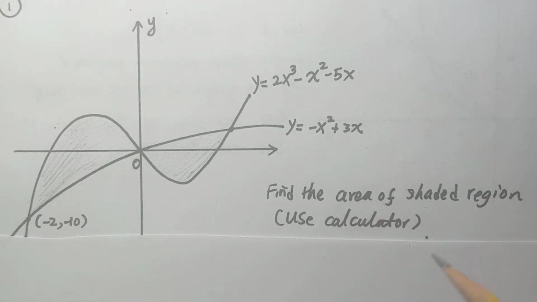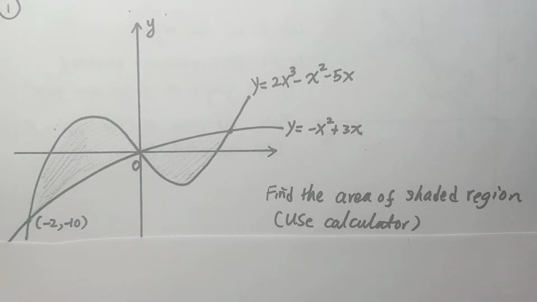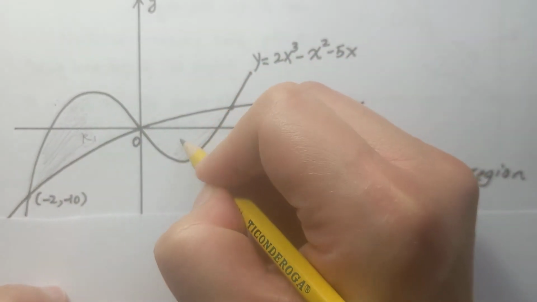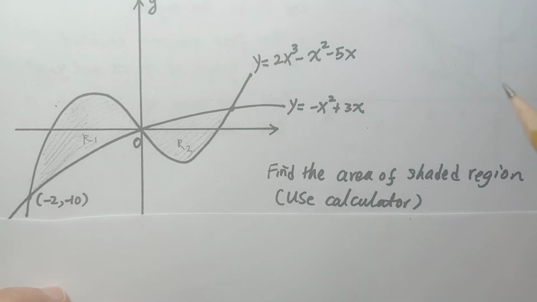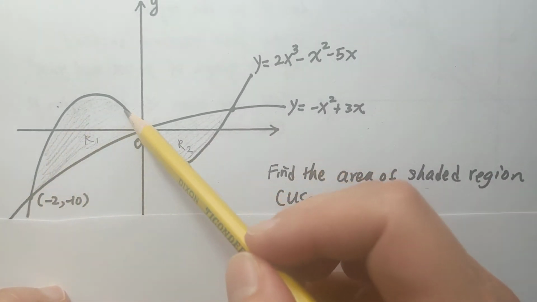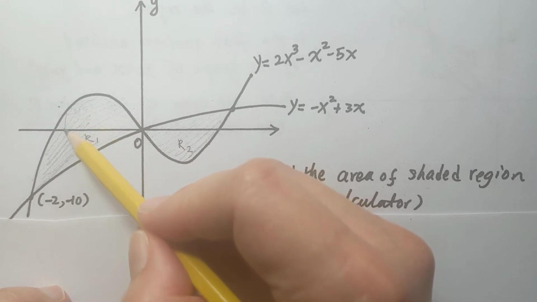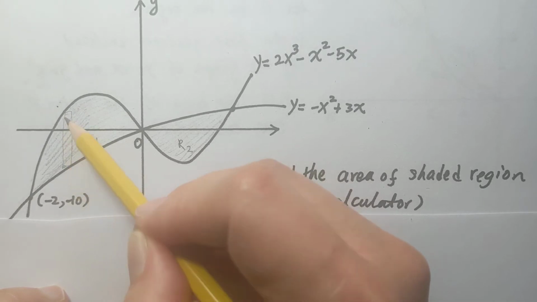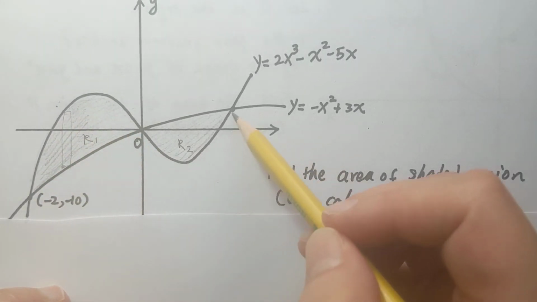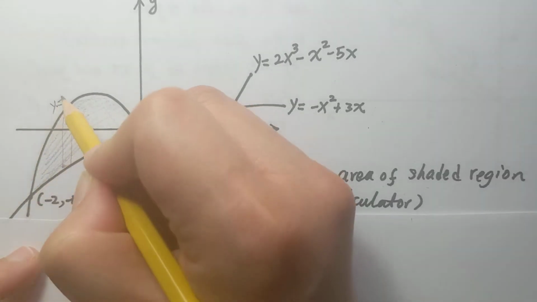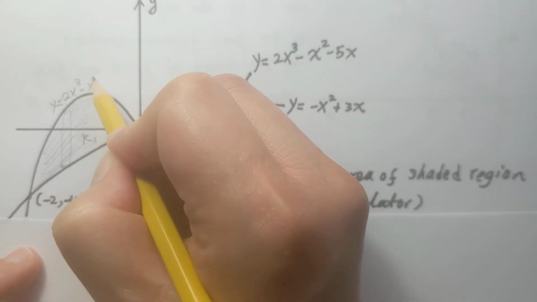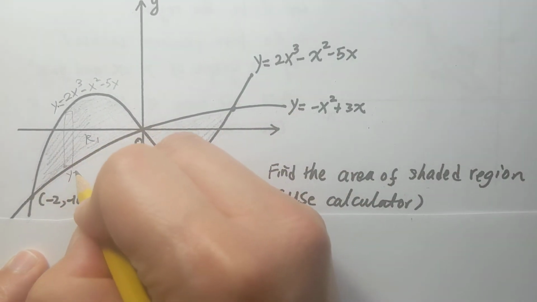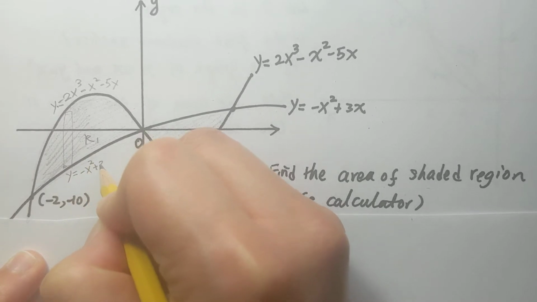Use calculator. Now, because these two curves enclose two parts, I am going to call this R1 and this is R2. If you look at R1 over here, imagine that you are going to draw a rectangle. You will find out that it is bounded by the top function, which is y equal to 2x cubed minus x squared minus 5x, and then the bottom function is going to be y equal to negative x squared plus 3x.